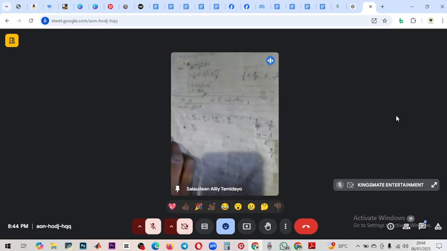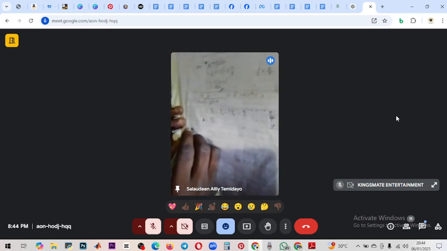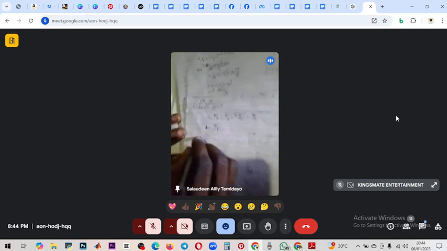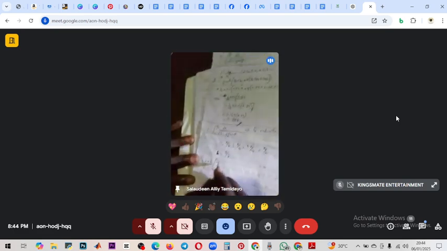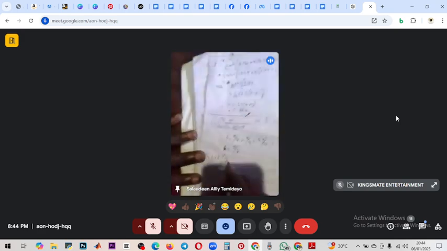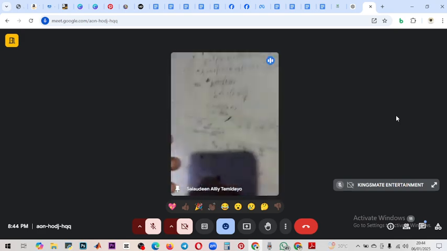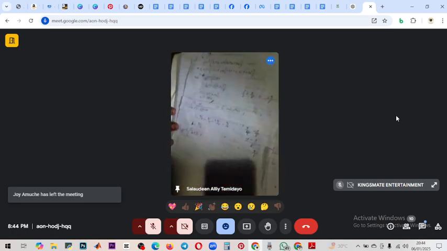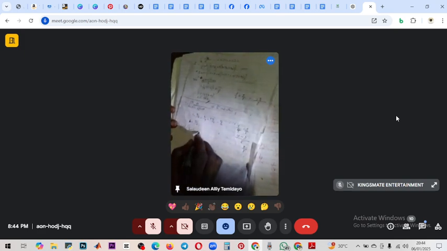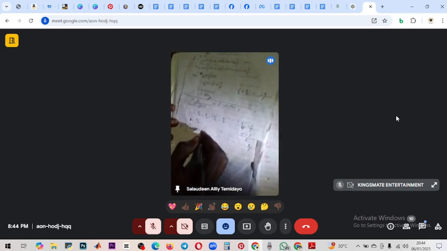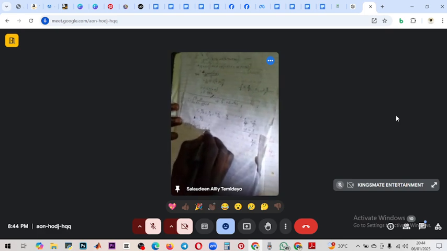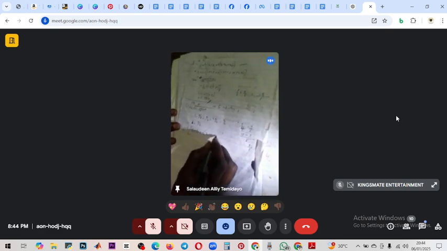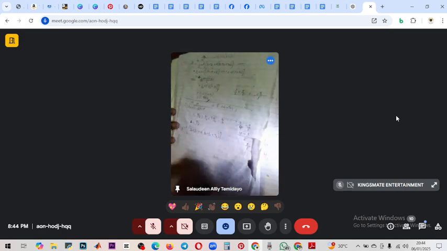Okay, we can just use the formula now. The integral is equal to 1 over 3 times h, open your bracket, y1 plus y5, plus open your bracket, 4 times y2, y3 plus y4.